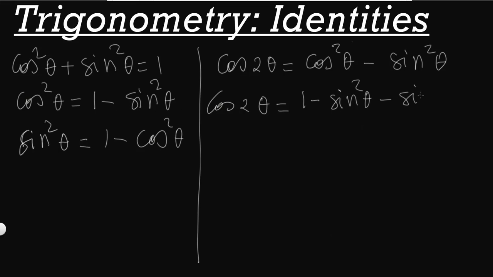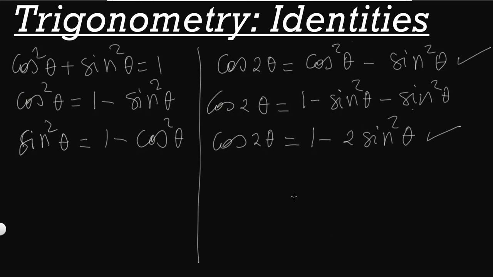So we have a minus sin squared theta. Therefore we have cos 2 theta. We have a 1. So minus sin squared will give us minus 2 sin squared theta.